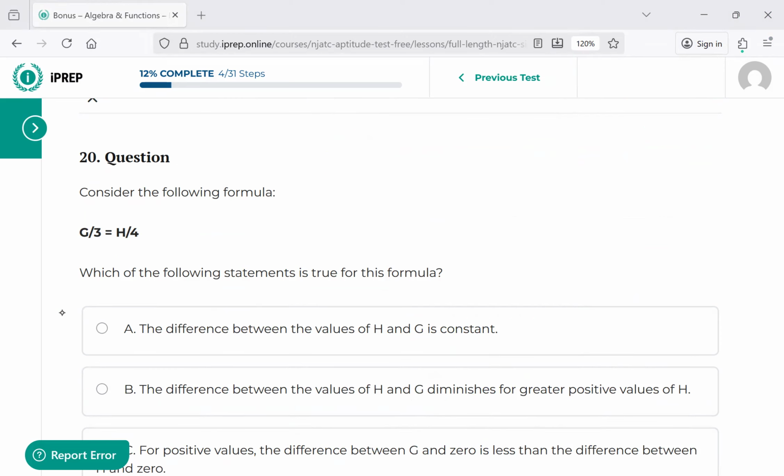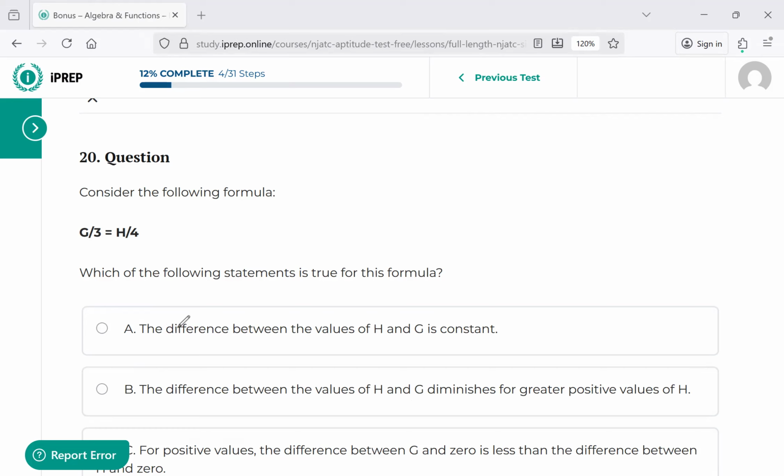Question 20. Consider the following formula: g over 3 equals h over 4. Which of the following statements is true for this formula? This one, I would not graph. If you look at question A, the difference between the values of h and g is constant.